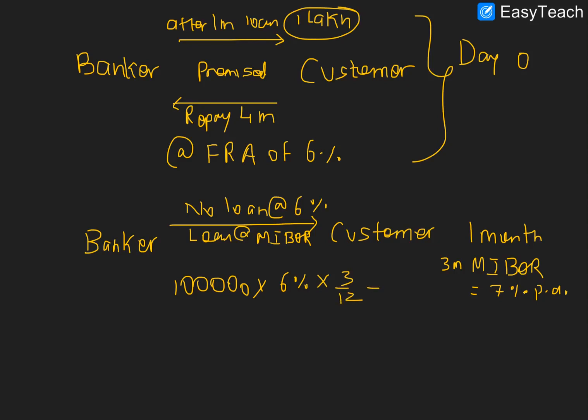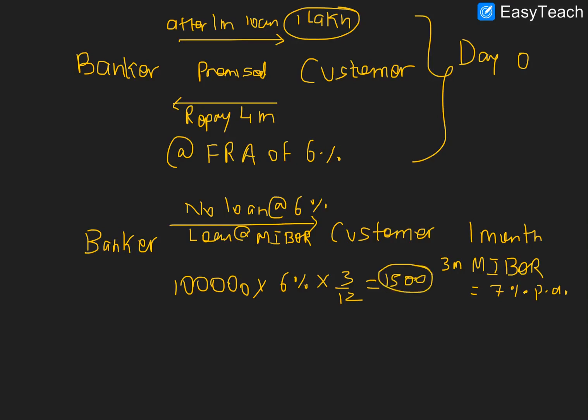He asks the banker for a calculator, "Give me a calculator, I just want to calculate it." So it gives 1 lakh into 6% for a 3-month loan, and it will be 1,500 that I would have paid as interest.